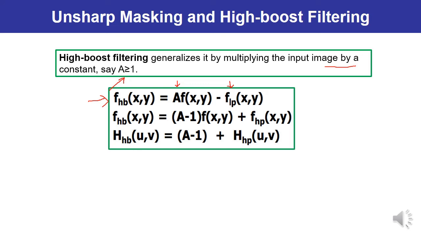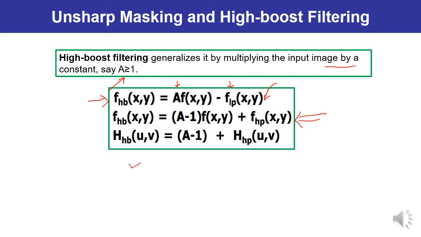Here this low pass filtered image can be represented as 1 minus the high pass. So accordingly, if you manipulate this particular term as 1 minus high pass, you will get this equation number 2. This is just a manipulation of the term, and you are able to write it in terms of the high pass filtered image only.